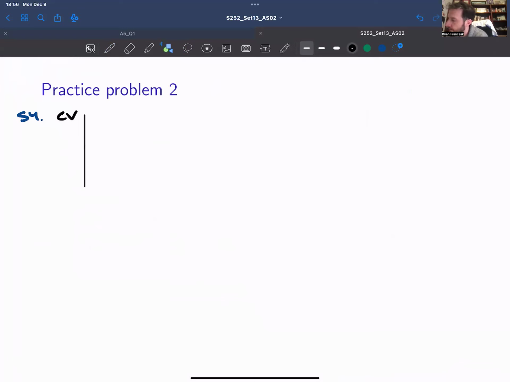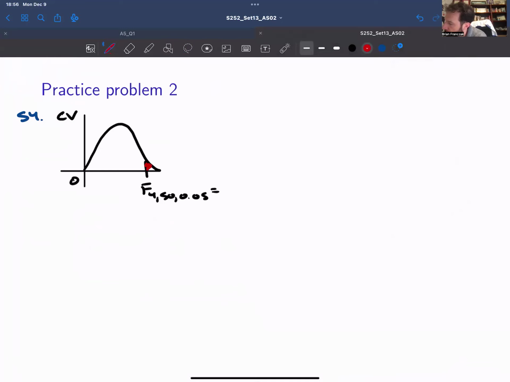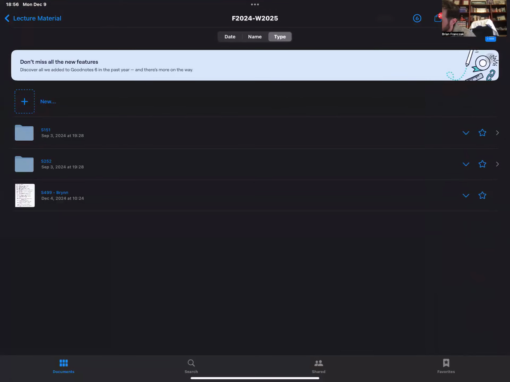if we take a critical value approach, here's my F curve. So I'm going to have an F on 4 and 50, 0.05. Okay, so I need to pull out my tables here.